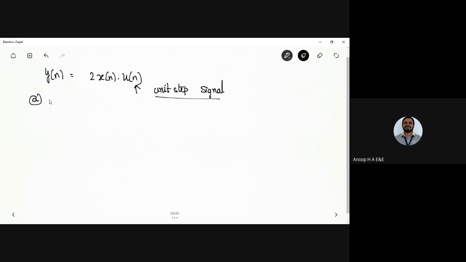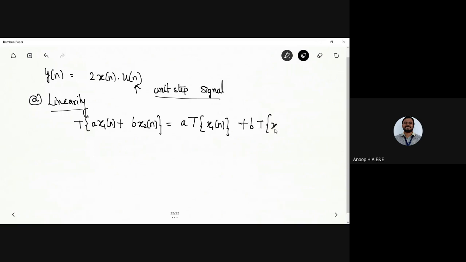Now, first we are going to verify linearity or not. So we are going to have T of a x1 of n plus b x2 of n, which we can verify as a T of x1 of n plus b T of x2 of n.